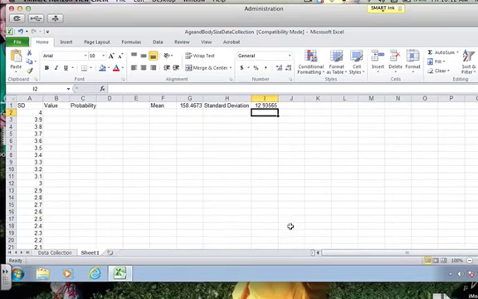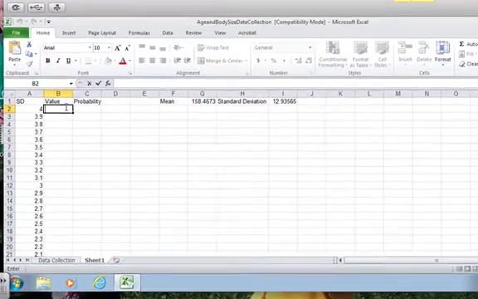The nice thing about this is if I redo any kind of calculations on the other sheet, it will automatically alter this value because they're linked together. I don't have to recopy and paste. So now I'm going to calculate the value that is 4 standard deviations above the mean.